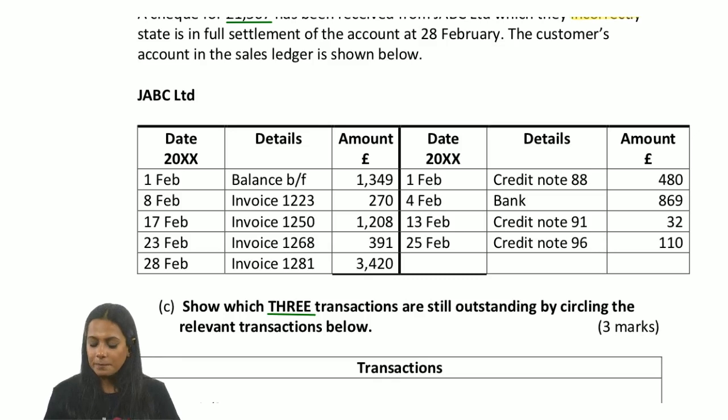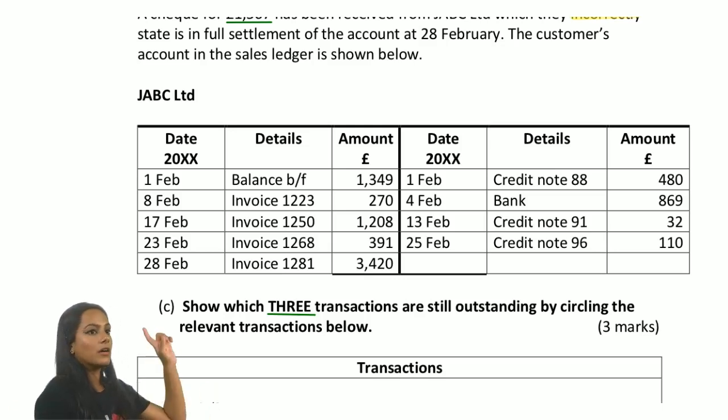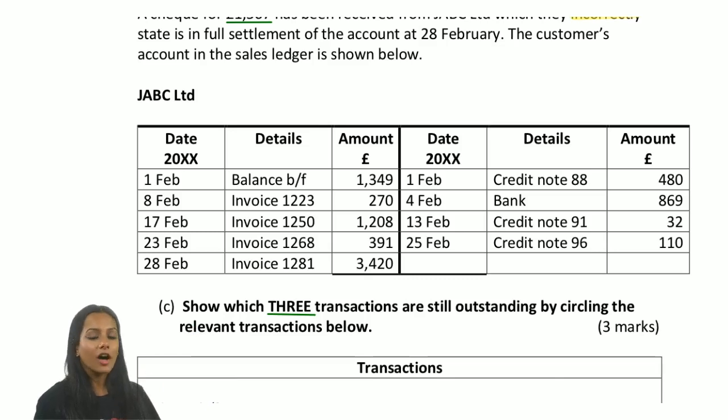We've got here the calculation of the balance carried down. How do you balance this account? You add down the debit column and the credit column, choosing the higher total of the 2. If I add down the credit column, that's 480 plus 869 plus 32 plus 110, which gives me 1491.